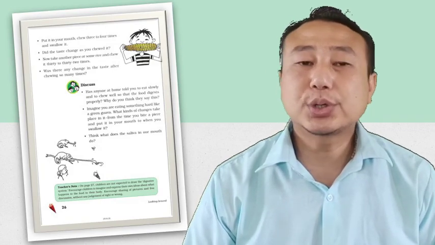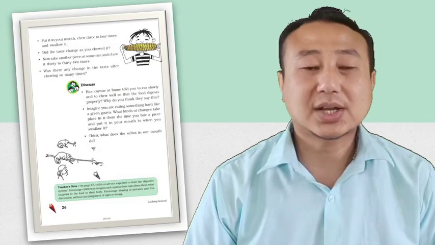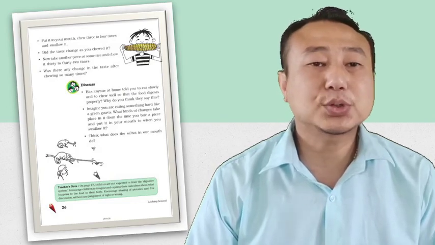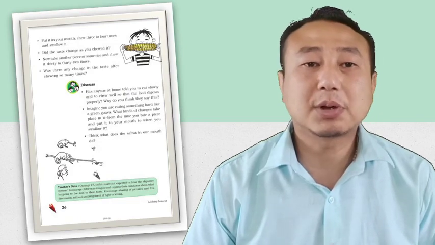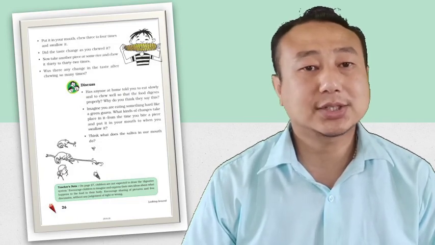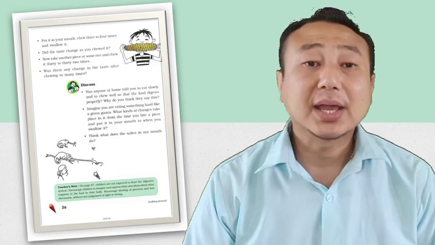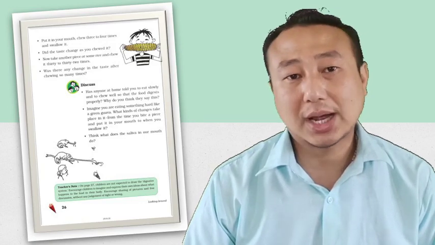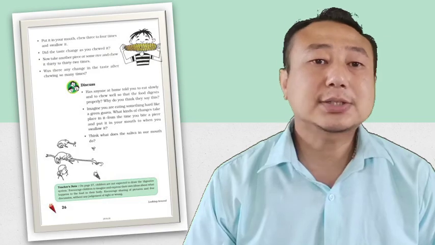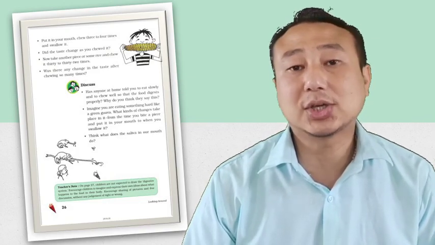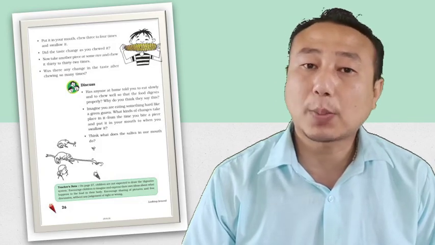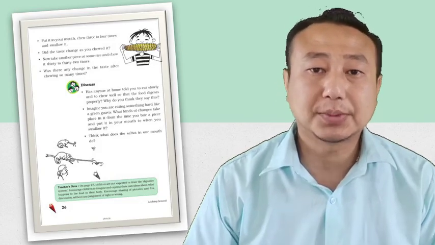So if we chew 3 or 4 times only, the saliva will not get sufficient time to digest the carbohydrate present in the food. Because of that reason, we will not be able to feel the sweet taste of the food. But if we chew 30 to 32 times, then the saliva is properly mixed with the food items and the enzyme present in the saliva digests the carbohydrate present in the food properly, converting it into sugar.